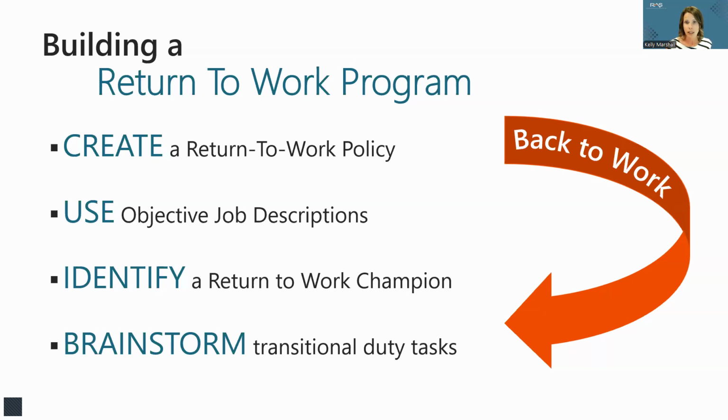They may even be things that are project specific or department specific, but that you can go back to when you have someone come to you with maybe some limited physical abilities. And you can go back to your back burner and say, oh, I knew somebody was asking about a project or a task, and maybe it's something that just doesn't make its way to the forefront, but that might be something that fits in the period of time where you have the right match with an employee who needs something to do for a period of time, and then something that still fills a business need for you as well.